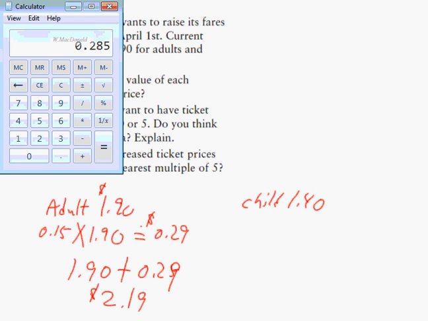And same process, so 15% of $1.40. The rise in price will be 21 cents. So if the old price was $1.40 plus the increase of 15%, which was 21 cents, the new price for the child ticket is $1.61.